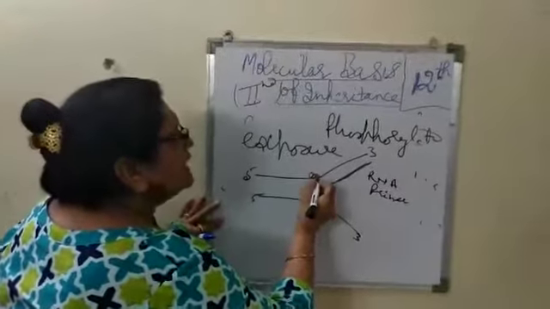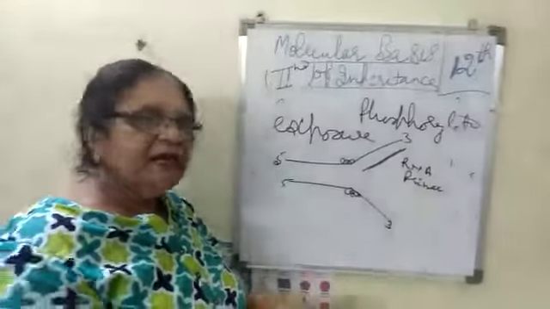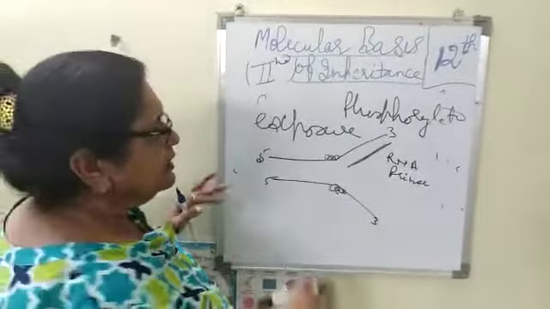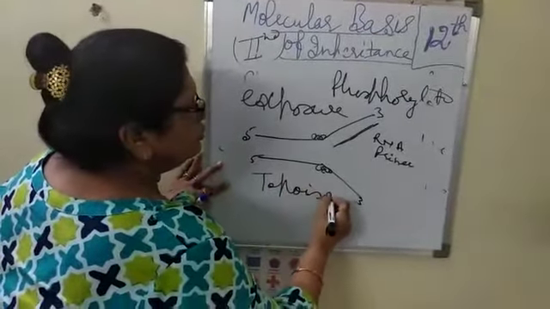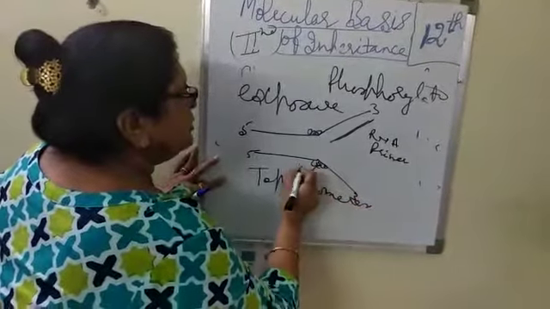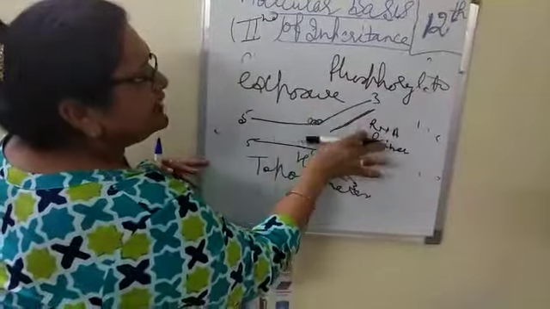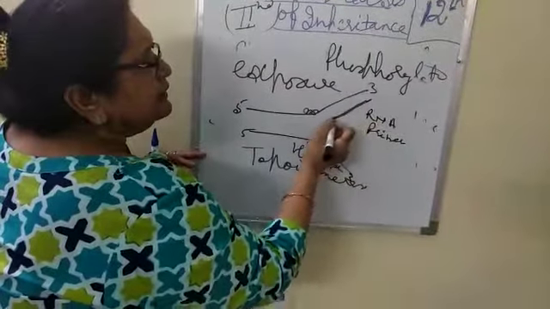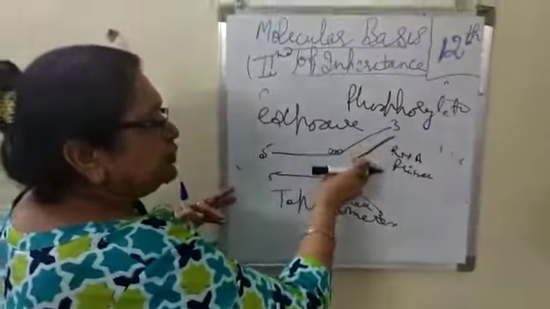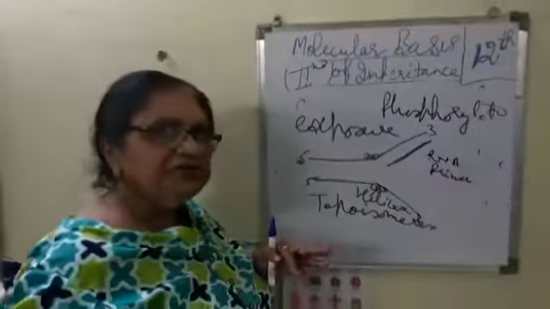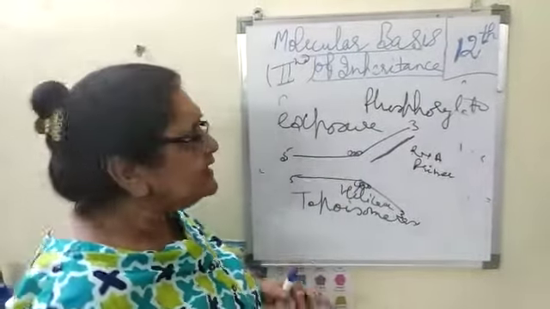Similarly, two enzymes are responsible for unwinding and separating the strands: topoisomerase, and this one is called helicase. After that exposure, the RNA primer continues. First comes exposure of the parental strand, then the formation of the RNA primer, which acts as a starting point.